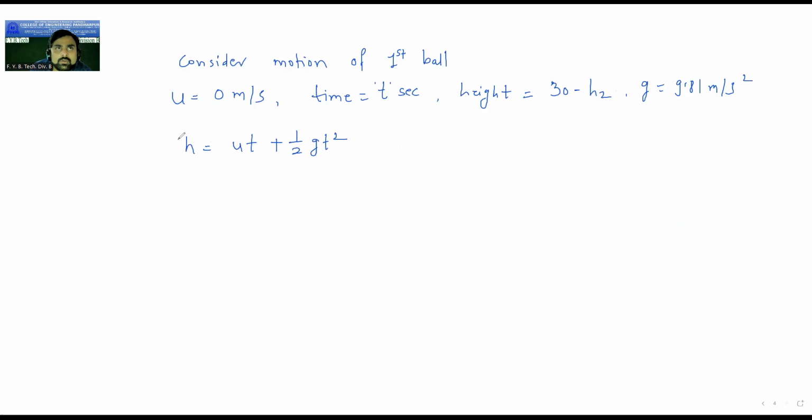So now here if I write for the first ball, this height h is what? Height is 30 minus h2. This is the height. Initial velocity is 0 plus half into g, 9.81, into t square. Okay. So again you will get one equation. What is that equation?